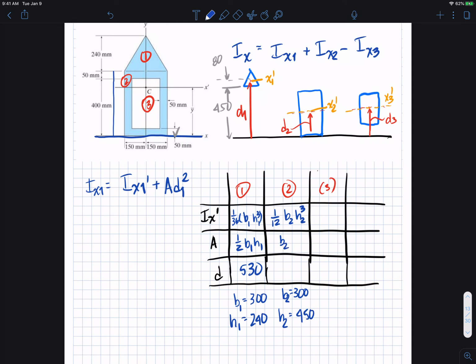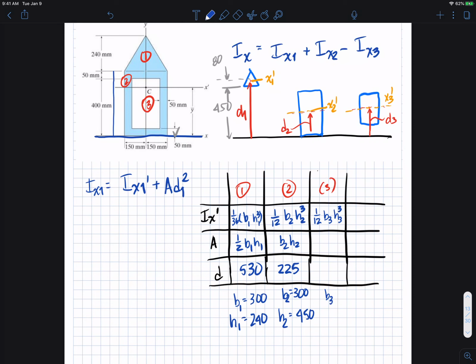Area, of course, is an easy one, B2H2. And now again, our centroidal distance is the distance to the middle of that rectangle. The rectangle's 450 millimeters high, so we know we'll go halfway up to 225. And then similarly for the last one, we have 1/12 B3H3. Now these dimensions are going to be a little bit different, because we're looking at that inner rectangle.